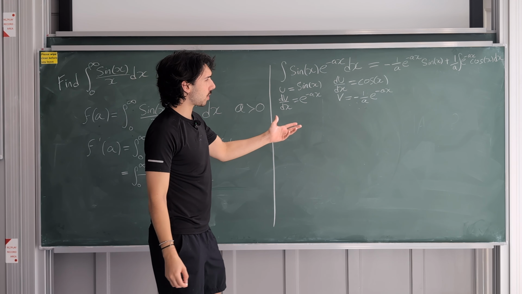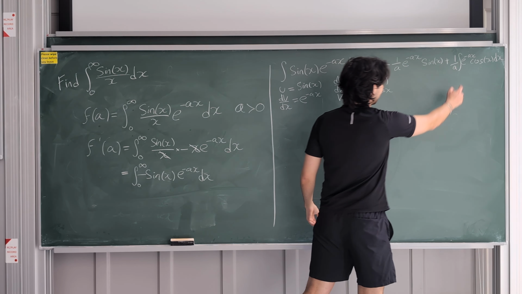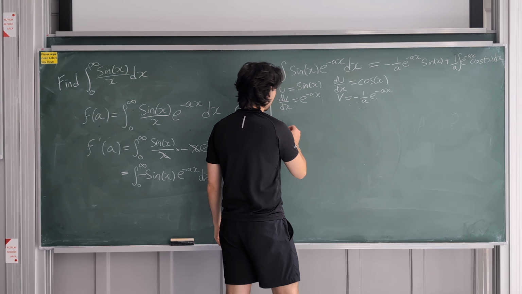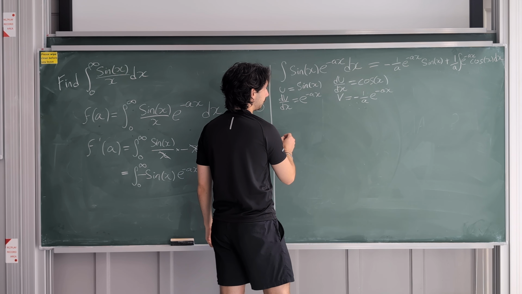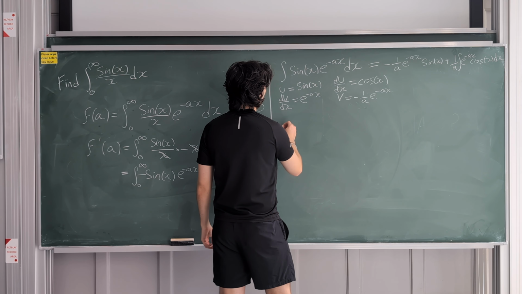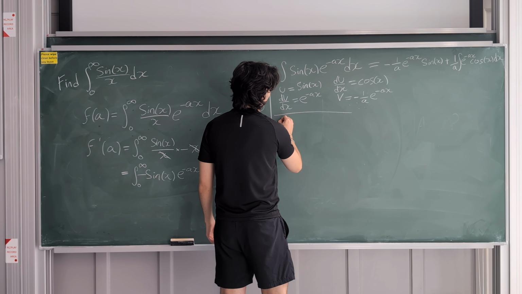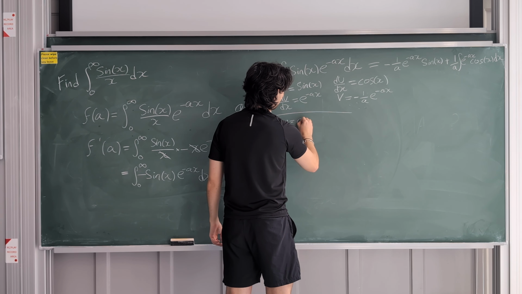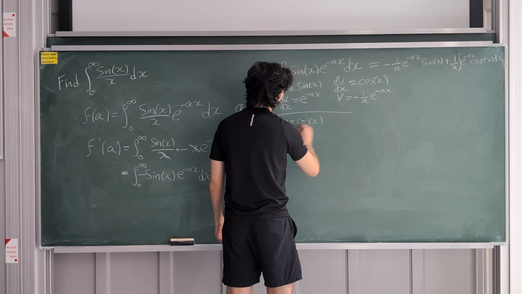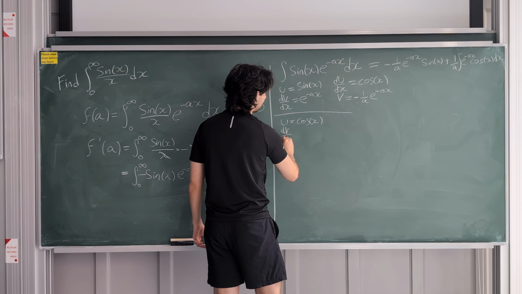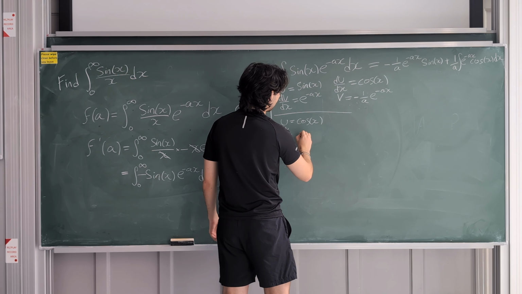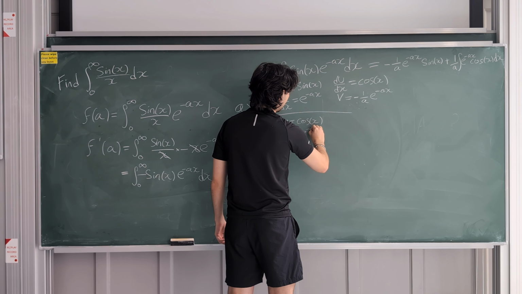Then I'm going to use integration by parts again on this one here, okay? So I'm going to do this down here. Hopefully it's not too messy. But I'm going to say this time that u is cos x and dv dx is e to the minus ax.